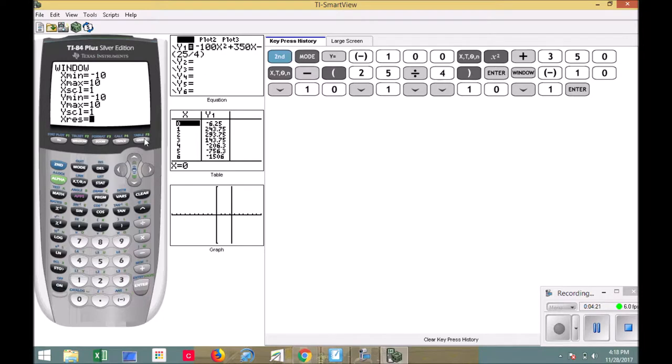So if I look at that window and graph it, I'm getting what looks like a vertical line, although I know based on the equation I typed, let's look back at that, I know it should be an upside down parabola.